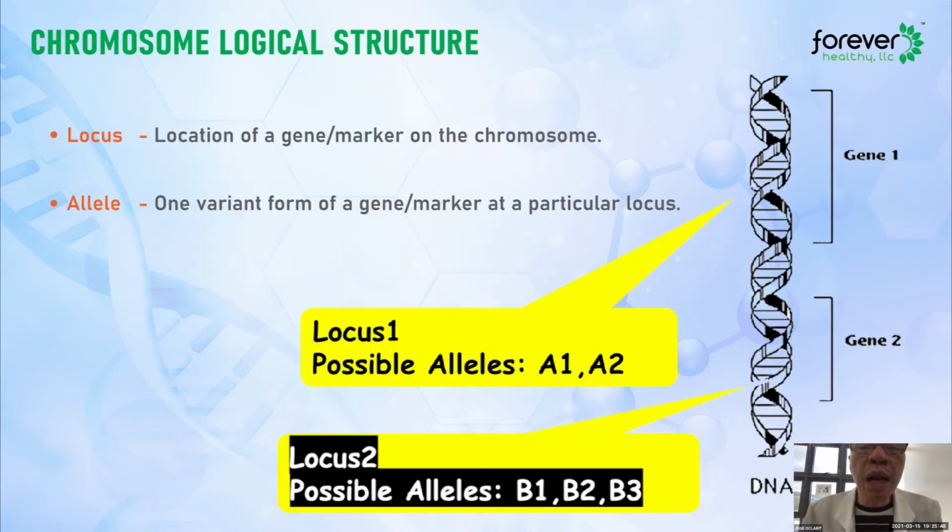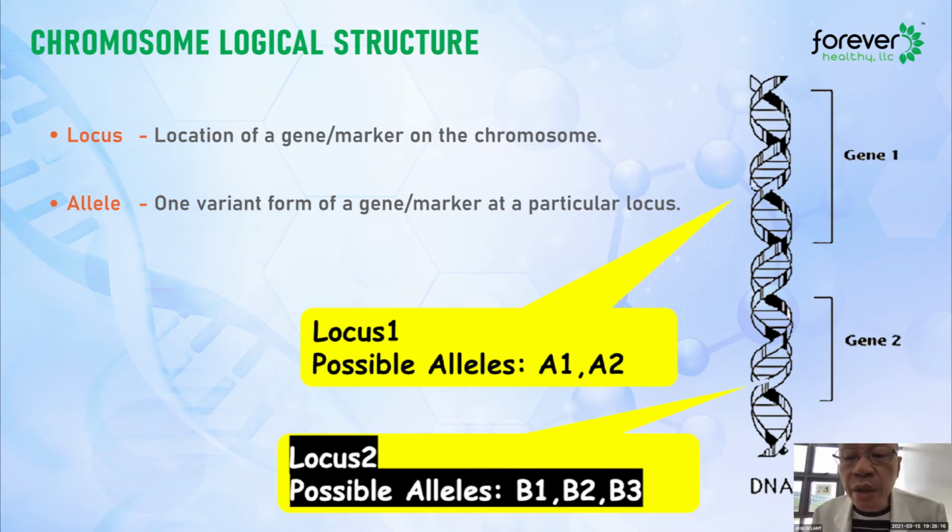The chromosome logical structure. There is a term that we introduce here: the locus. The locus is the actual location of a gene marker on the chromosome. So the locus identifies the location of the gene in a chromosome. There is a pair of genes in every chromosome.